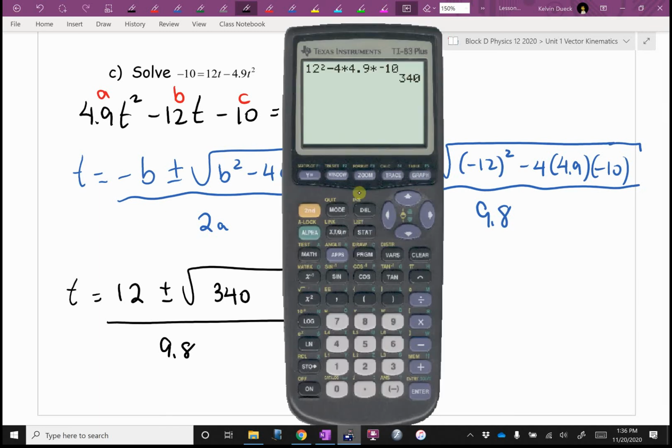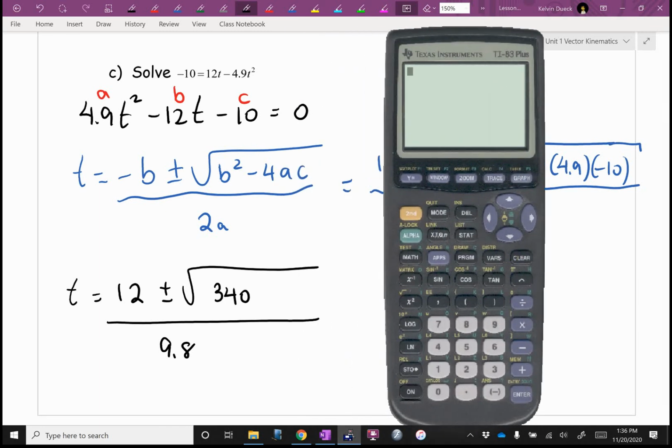Now I can say to myself, is this a fraction? Is there more than one thing on the top? Brackets around the top. 12 plus the square root of 340, close off the square root, close off the top, divided by 9.8.